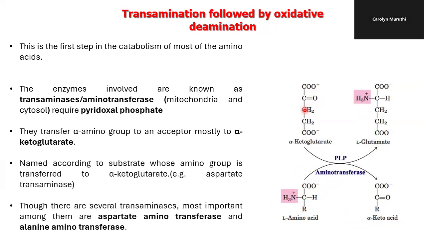Depending on the amino acid, we name the enzyme as per the amino acid. So if this was aspartate, the name of this enzyme would have been aspartate aminotransferase. If it was alanine, it would have been alanine aminotransferase.